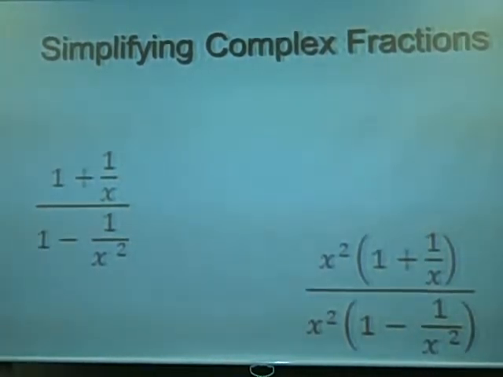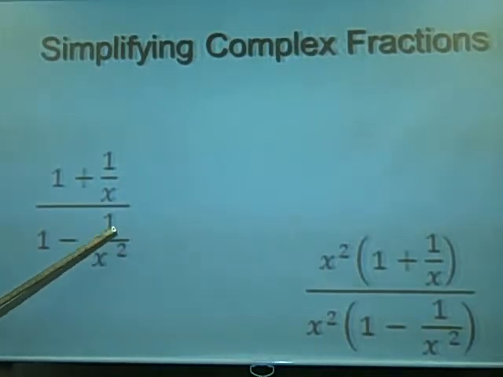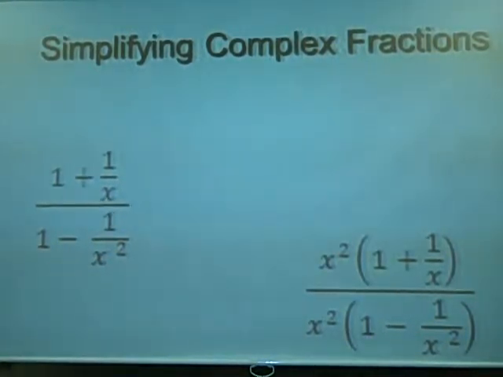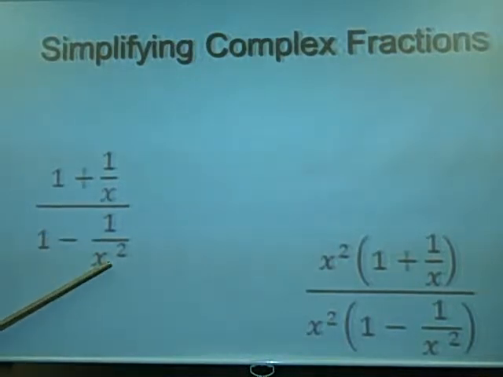You put a denominator there. So you look for the least common denominator, which would have an x squared and an x. So the least common denominator between these two would be what? Since we have x and x squared, our least common denominator would have to be at least a what?